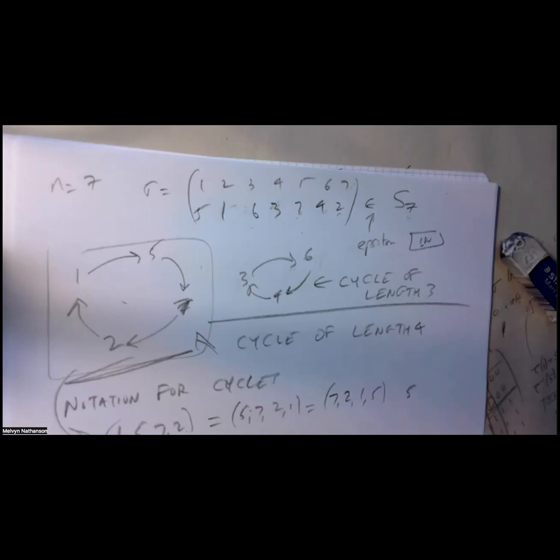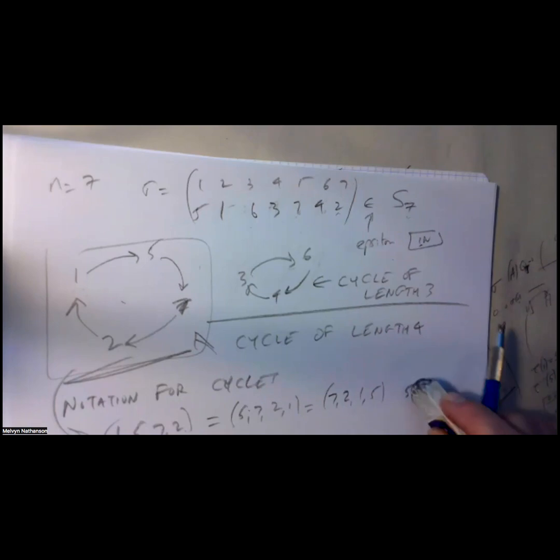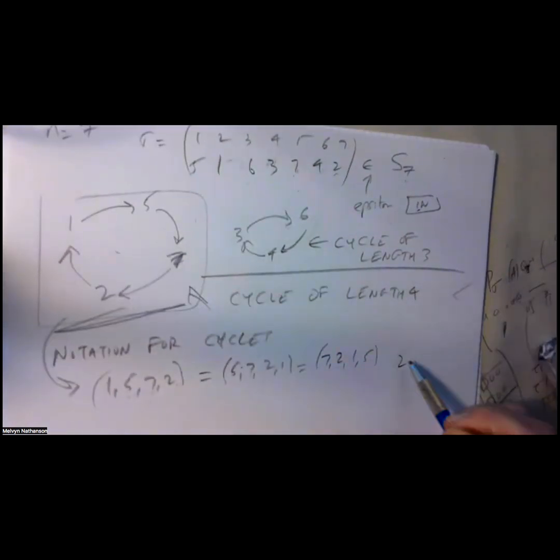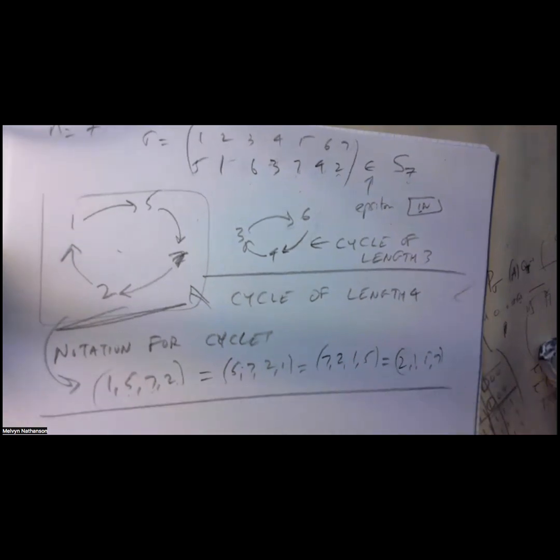So here I started with 1, 5, 7. I could start with 2. So 2 goes to 1, goes to 5, goes to 7. So here I have 4 cycles.